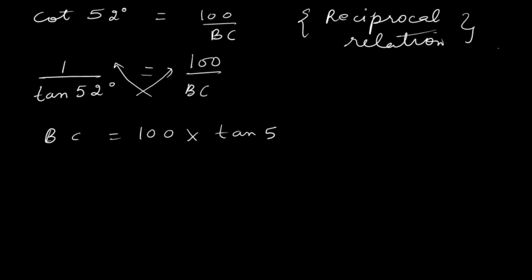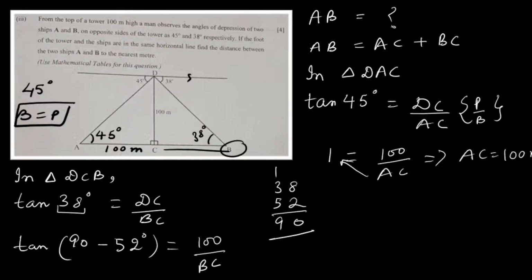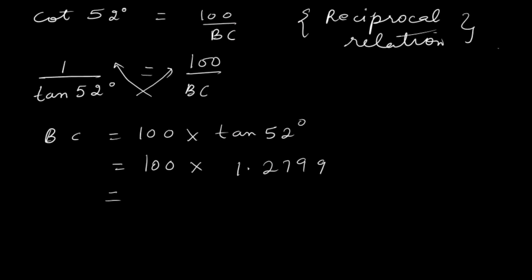So I want you people to tell me the value of tan 52. In your textbook, you can see trigonometric tables are provided, so from there you just see the value. So 100 into 1.2799. Up to 4 digits only you have to see, because sometimes in the question they mention up to the nearest, here also they have mentioned, so we have to round it off. So here the full value we have to take.